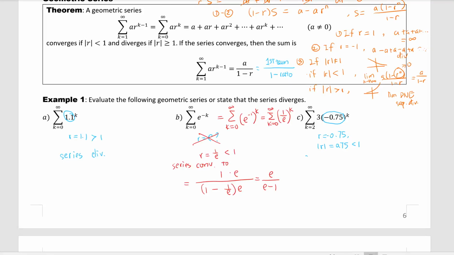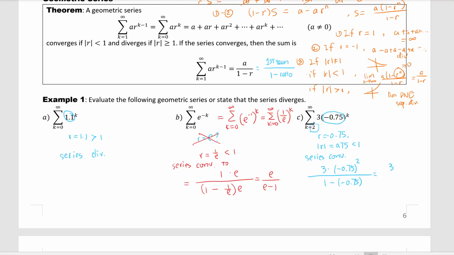So the series converges. But converges to what? It converges to the first term over 1 minus r. The first term: you plug in k equals 2, so it's 3 times (negative 0.75) squared. And 1 minus r, where the ratio r is negative 0.75.